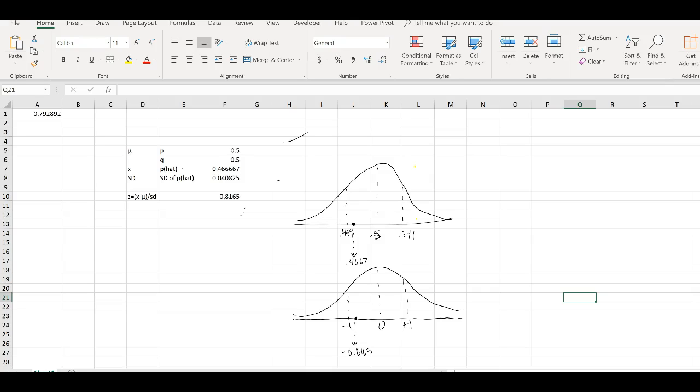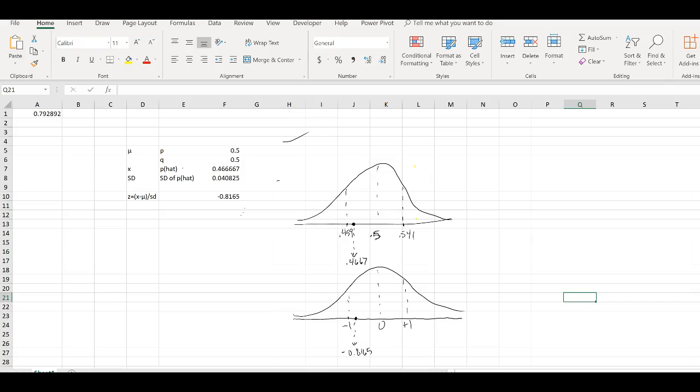So if I add 0.04 to my 0.5, that's going to give me one standard deviation here. That's 0.54. If I subtract 0.04 from 0.5, that's going to give me one standard deviation on the left.